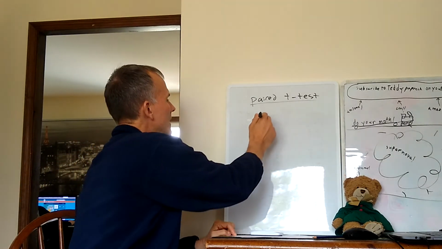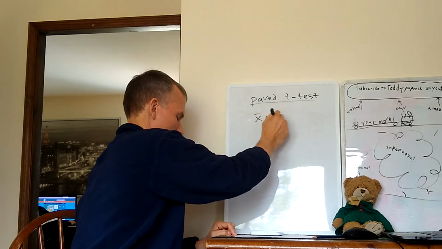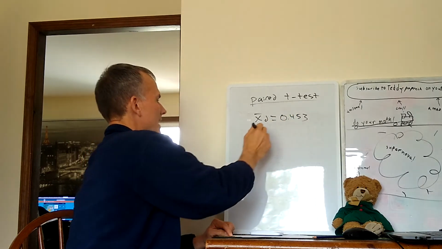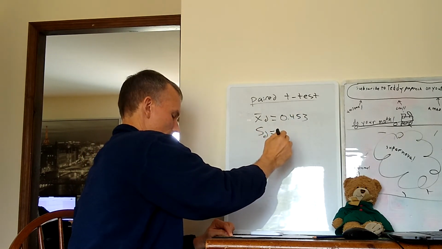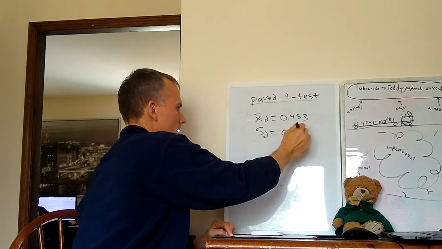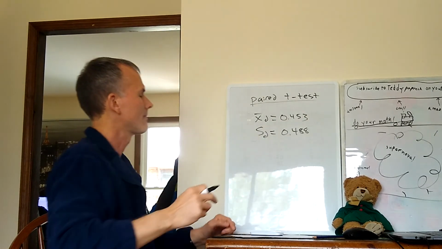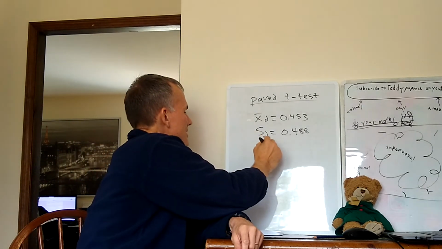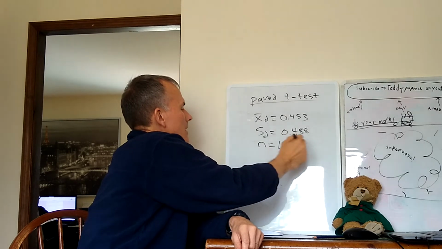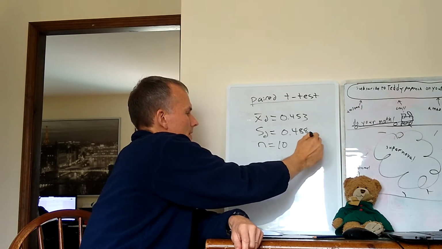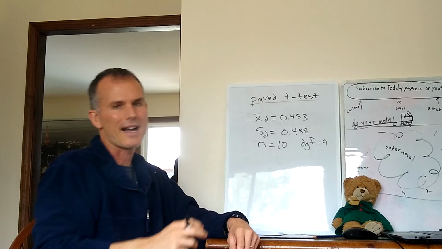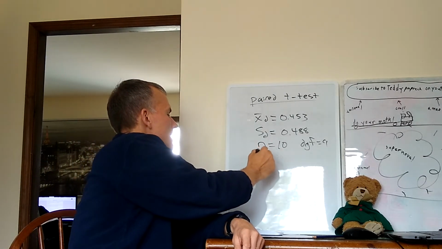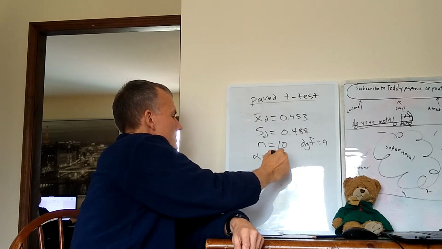And here's what I got: x bar sub d is 0.453, the standard deviation of the differences is 0.488. Sample size is 10, which means our degrees of freedom are 9. Let's go ahead and choose an alpha level. I'm going to choose alpha is 0.05.